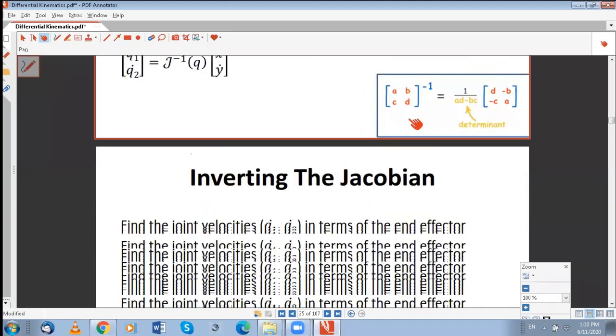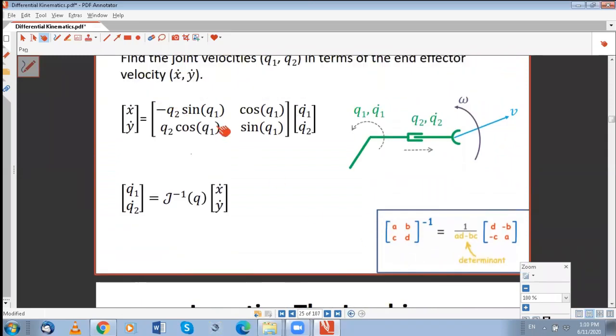Okay. So we need to first find the determinant. So the determinant will be minus Q2 sine of Q1 multiplied by sine of Q1, minus Q2 cos of Q1 multiplied by cos of Q1. So that would give me minus Q2 sine squared of Q1 minus Q2 cos squared of Q1.